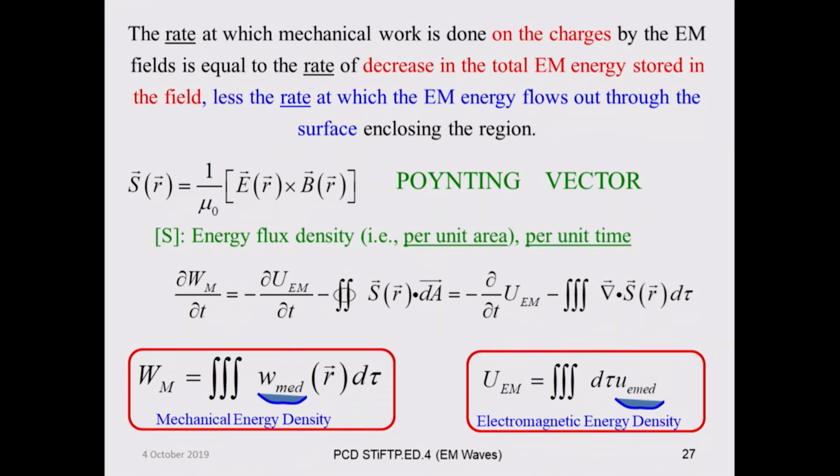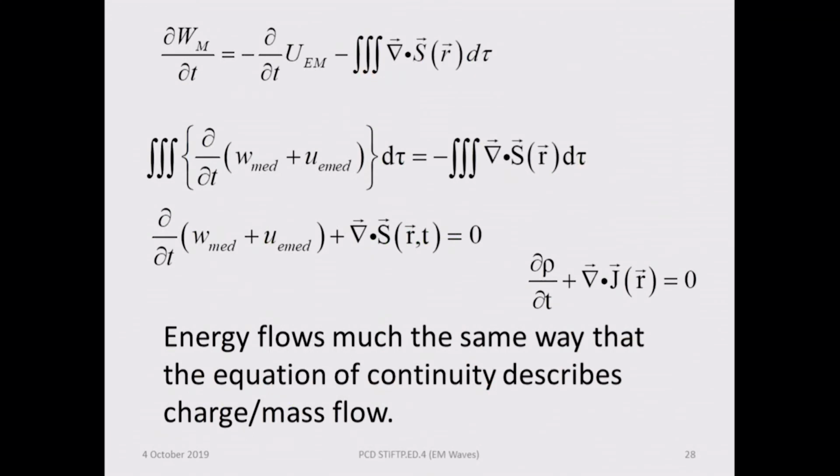All right. So, essentially what you get is that the time derivative of the mechanical energy density and the electromagnetic energy density, plus the divergence of the Poynting vector, goes to 0.